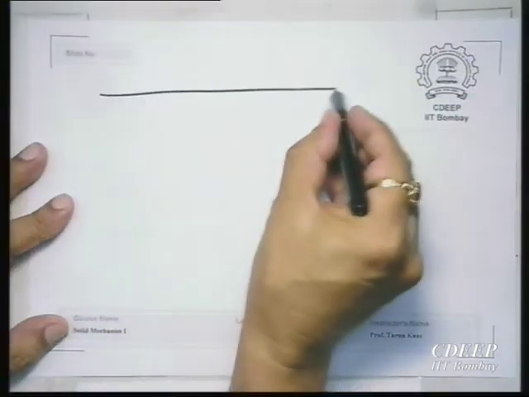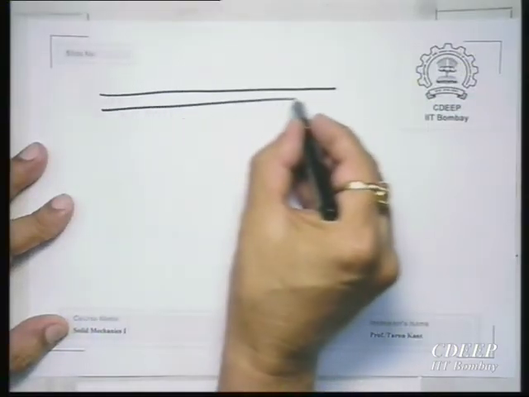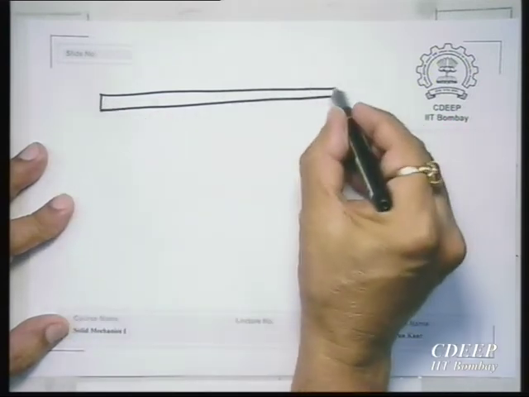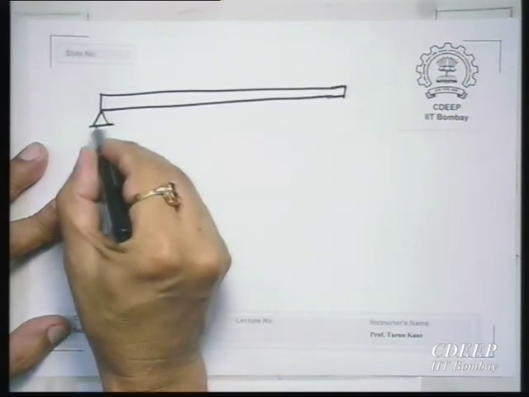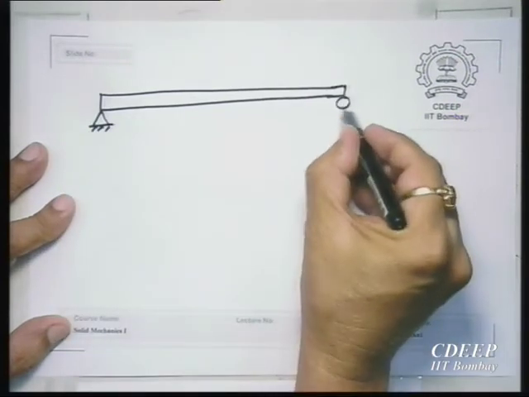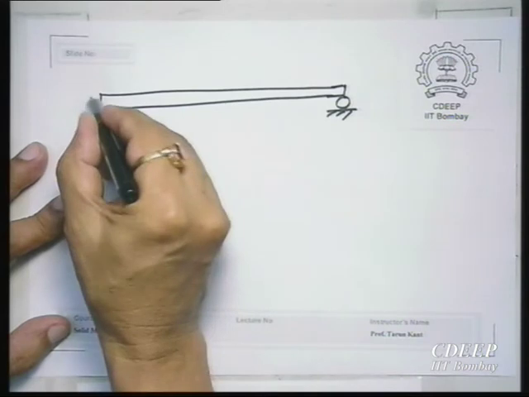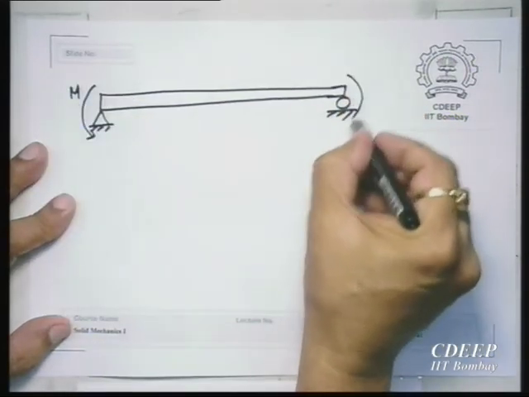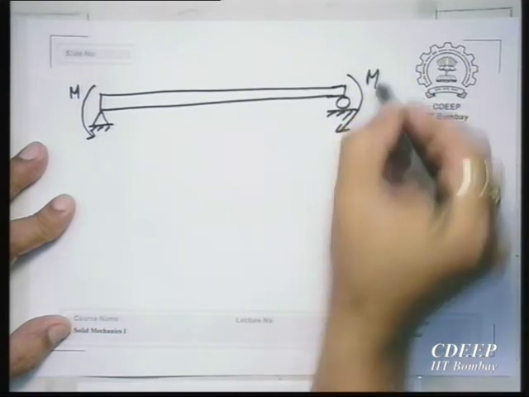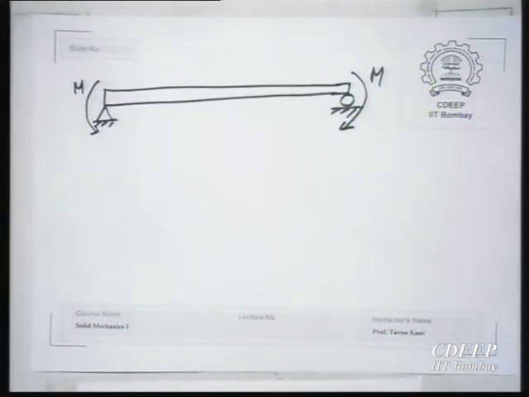Depth is known, and this one we have derived for pure bending. So let us say that there is a beam and we apply an external moment M here. It is in equilibrium.